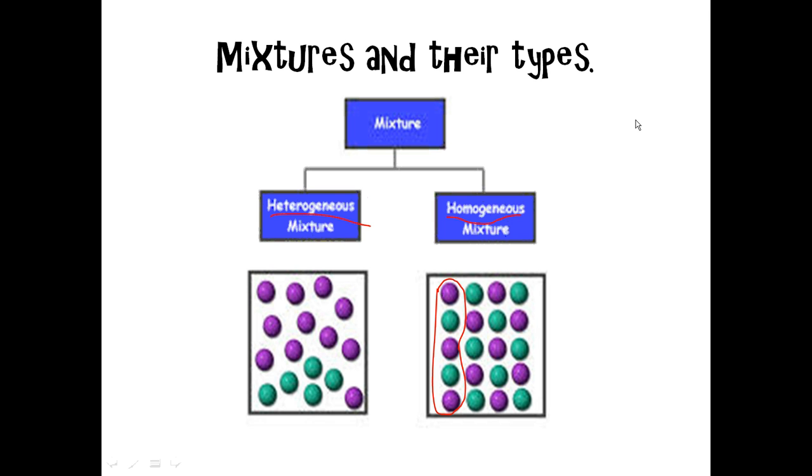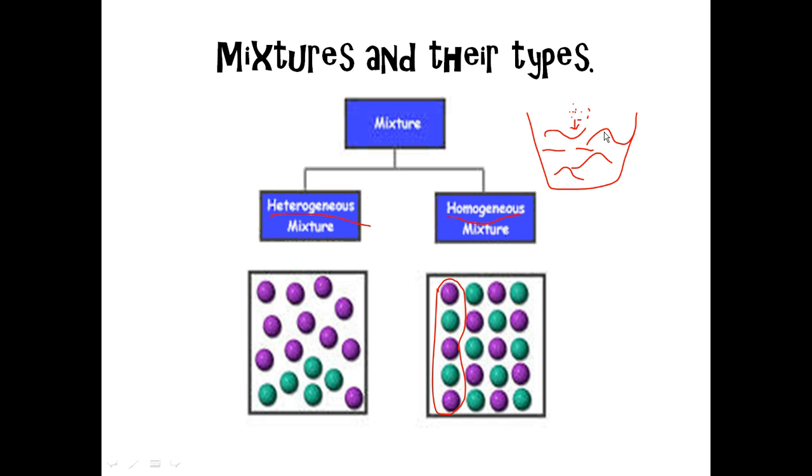For example, consider that this is a beaker and we have water in it. Now what you do is add some salt into this. These are salt particles, and we add some salt and dissolve it in this water.